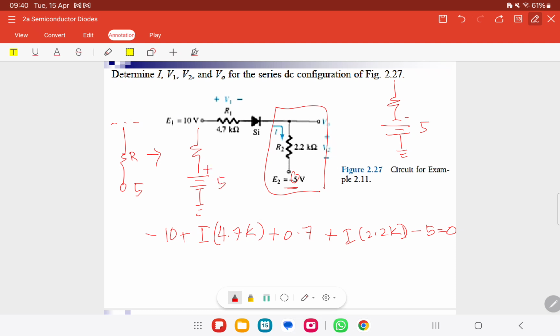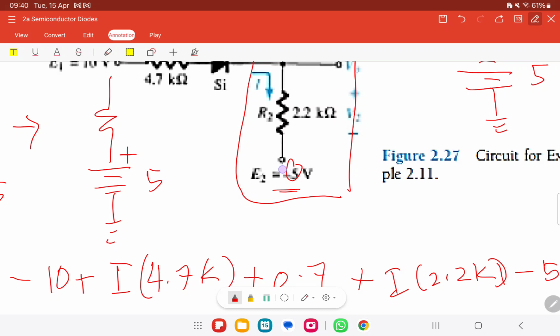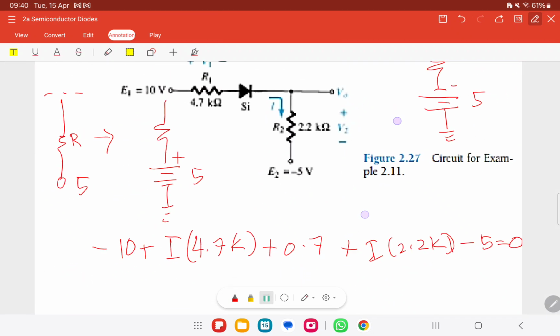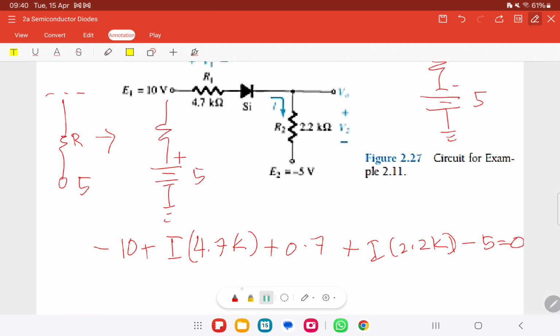5 positif. Okay, so you must be very careful. Kalau soalan jadi macam ni, it is a tricky question. Okay, kadang-kadang you tak tahu, ataupun ada juga student dia tak ambil kira pun on the negative 5 volts in the KVL. So value akan dapat salah lah. Okay, so because we have the negative here. Kalau tak ada negatif, so tak apa. Kalau tak ada negatif, so dia akan jadi this one.